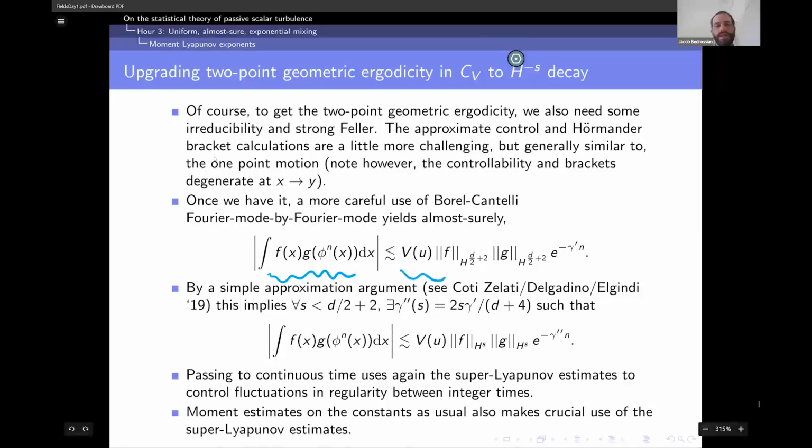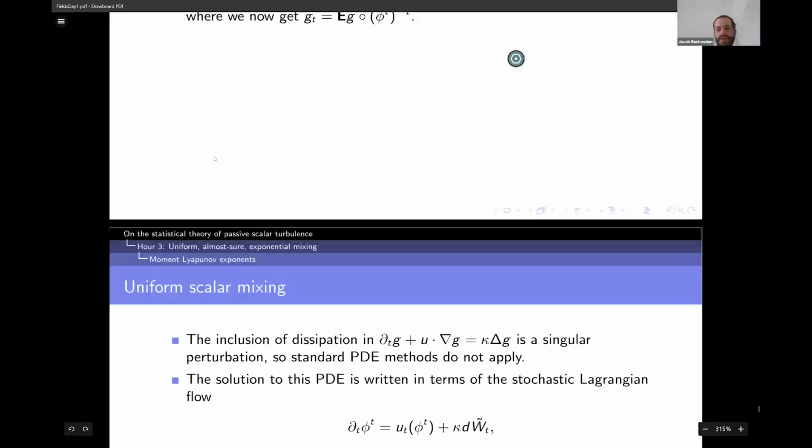You can get basically this, and then there's a nice little lemma that says that in the Sobolev scale, all exponential ergodicity is essentially the same. And you can get to this. Okay. I think that's all I'm going to discuss on that because it's hard.